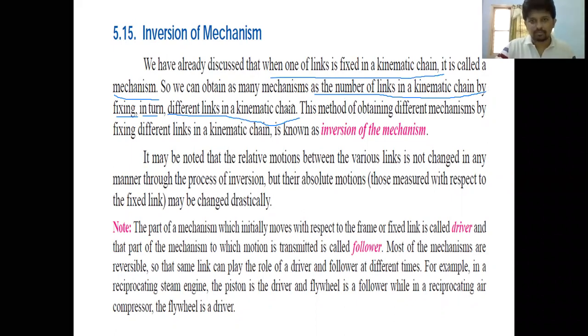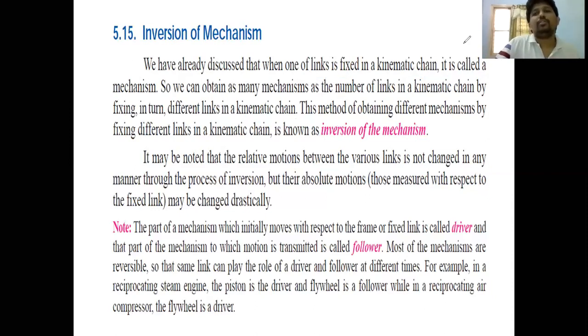This method is defined as inversion of mechanism, right? So now we are going to find how this inversion takes place and how we can change the fixed link from one to another.